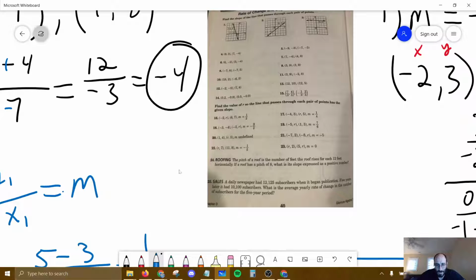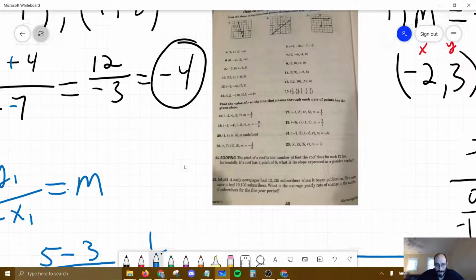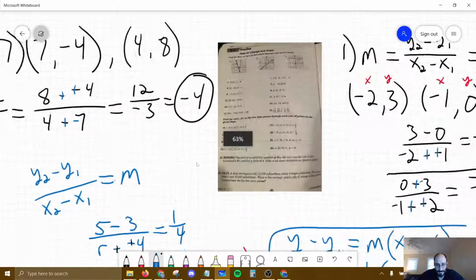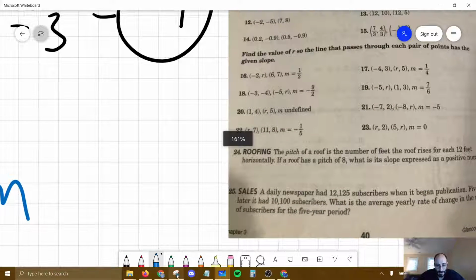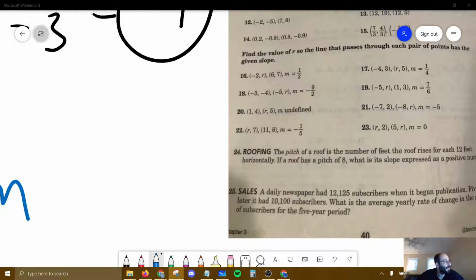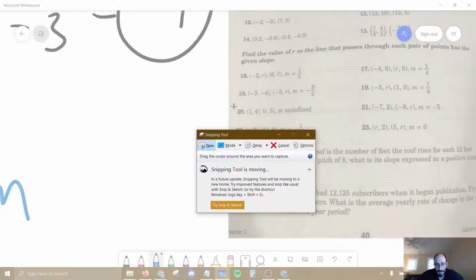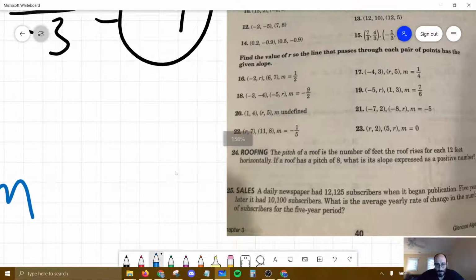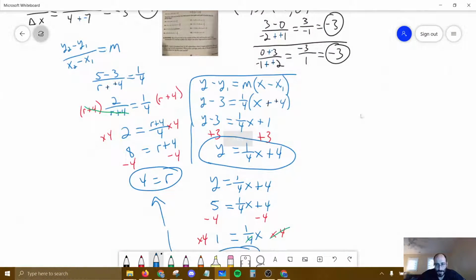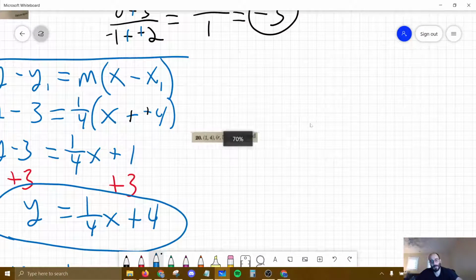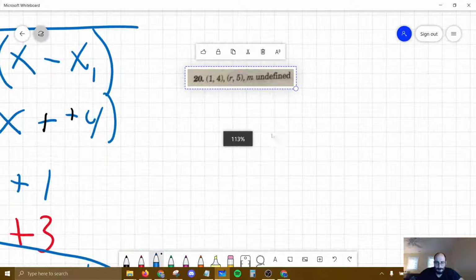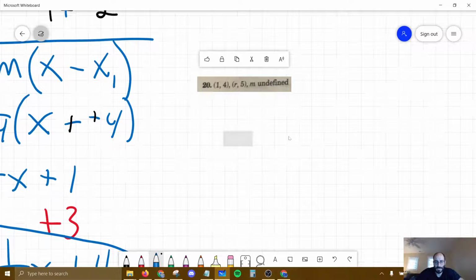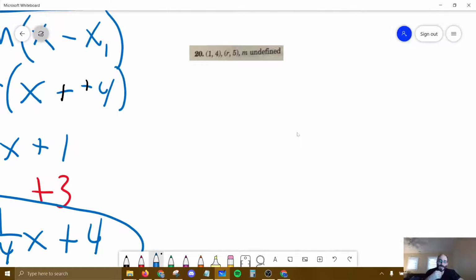If you look at number 20, it gives you 1 comma 4 and r comma 5. So let's take that one really quick. All right, now let's put it over here. Okay, so what does slope mean when it's undefined?